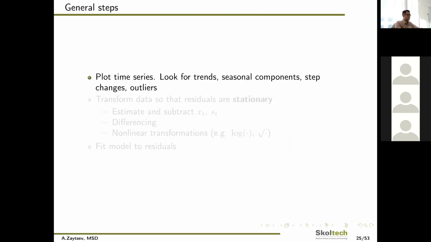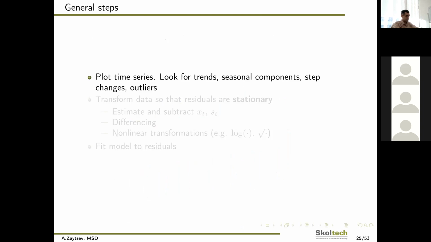If we want to have a more general procedure, we can have this sequence of steps. At first, we can try to look at the time series. It's always a good idea to look at the data and try to make some assumptions on the basis of what the time series looks like.